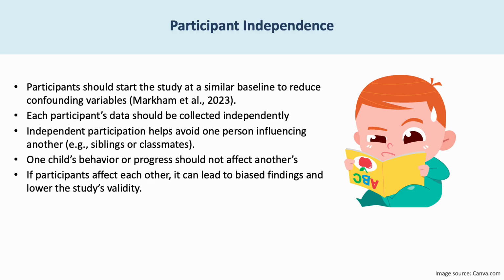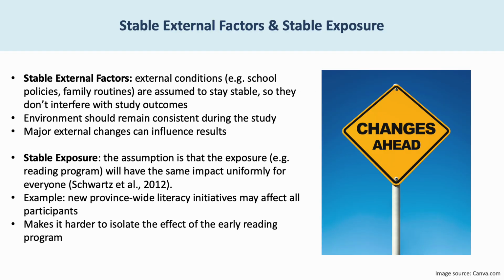If participants are classmates or friends or siblings, there's a chance that they could influence each other's progress. So, for example, one child might copy another or learn from them instead of the program itself. So, allowing participants to complete the study independently helps to ensure that their results reflect their own experience and not someone else's. And so, if we don't follow this, the results can get skewed, and the study becomes less reliable.